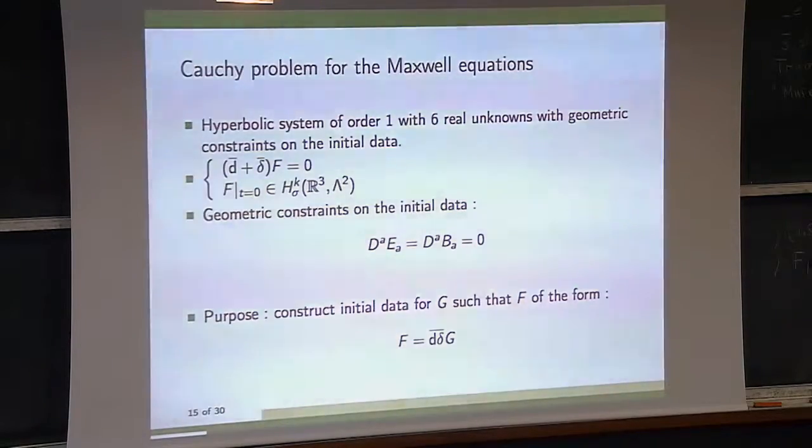I'm looking at data which live in this space here. And I know that the electric field and magnetic field have to satisfy constraints on the t equals 0 time slice. Here, d is just the covariant derivative that you have on the t equals 0 time slice. So these are equations which are purely spatial. And I want to construct this potential here the way I've said it. OK?